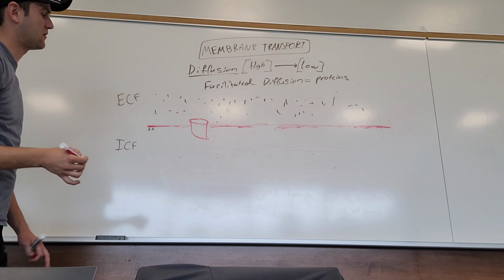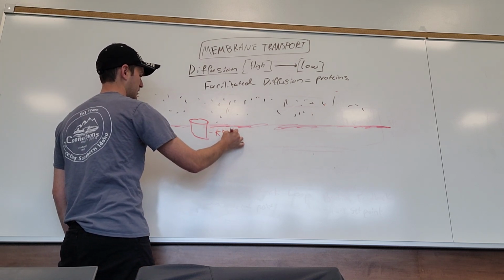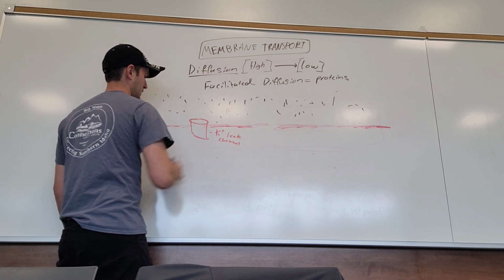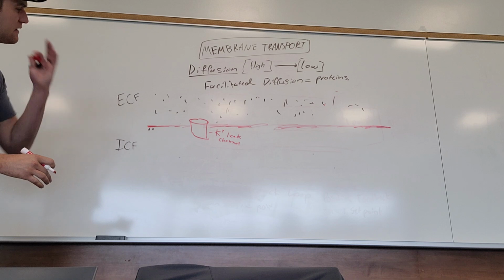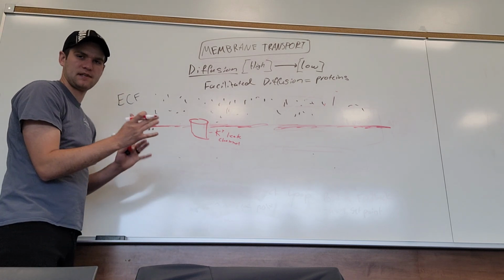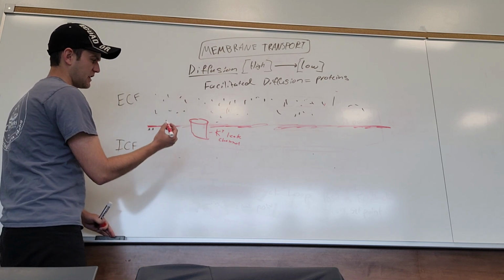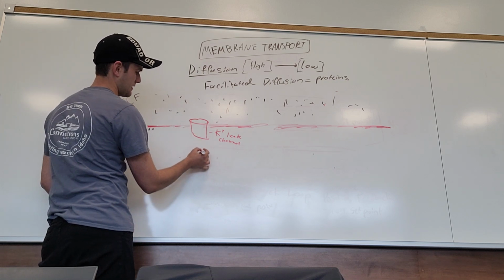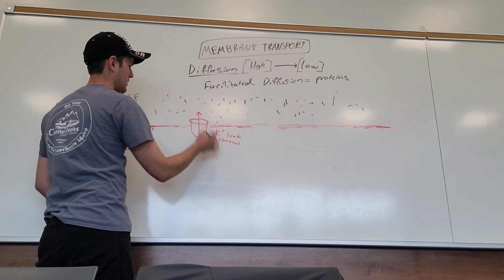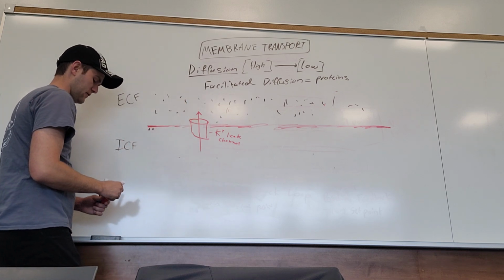Our common leak channel is going to be our potassium ion leak channel. Okay, and these leak channels, usually potassium leak channels, open via some sort of action potential hitting it and opening up that leak channel. Potassium is actually higher on the inside of the cell, so it diffuses out through our leak channels.